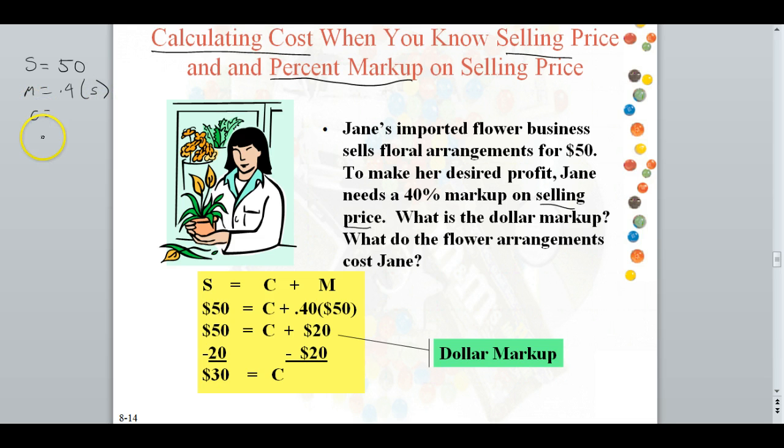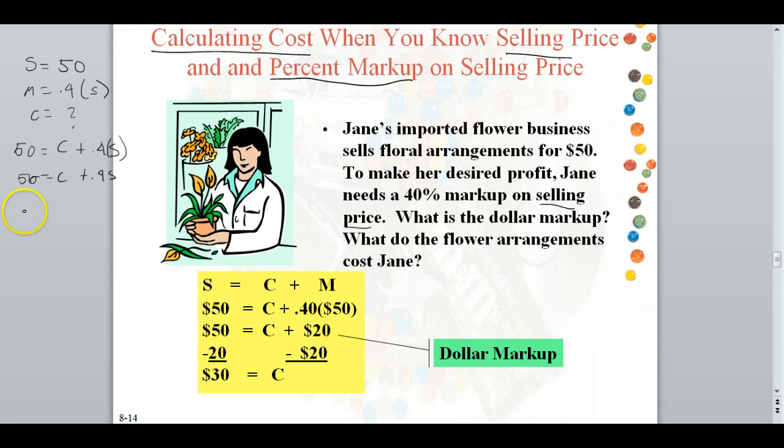And our cost equals, we're going to solve for cost, so we don't know. That's a question mark. So let's plug it into our formula. Selling price equals our cost plus markup, 0.4 times S. 50 equals C plus 0.4S.